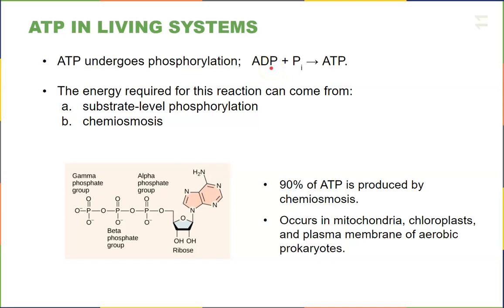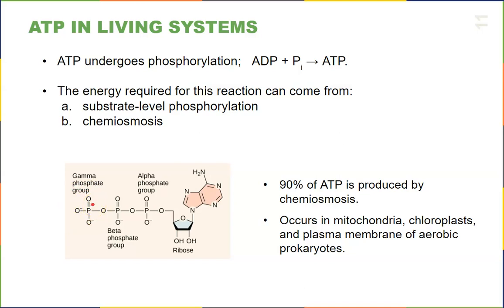ADP is the oxidized form, so it's lower energy. ATP is the reduced form, so that has more energy. So we can create ATP from an ADP and a loose phosphate group. All we're doing is putting this last phosphate group on. We can create it in two ways.